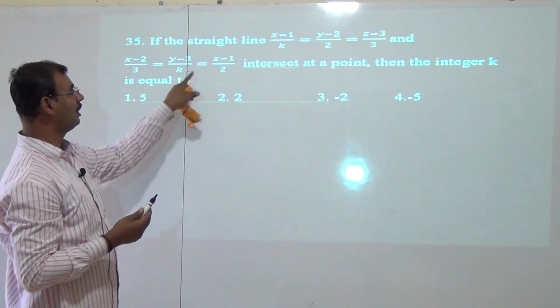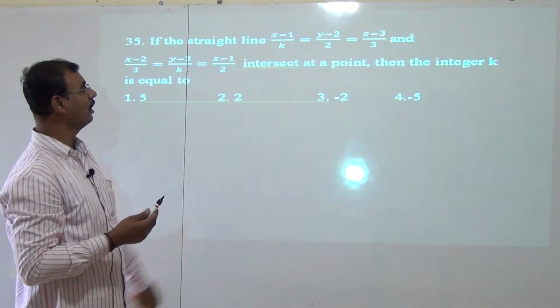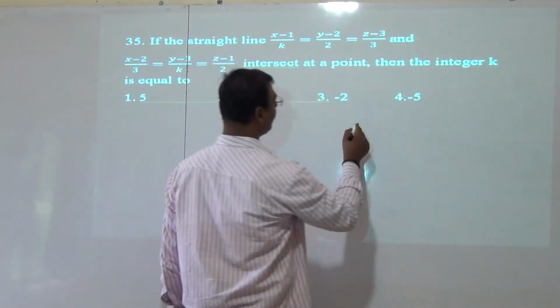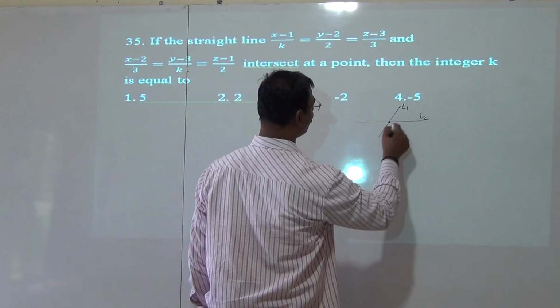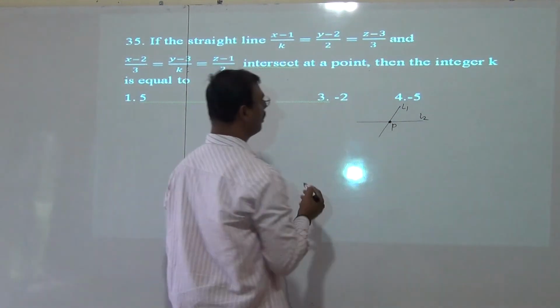What is the value of k here? Intersect means what? They have a common point. So lines L1 and L2 both have a common point, that is what is being asked.